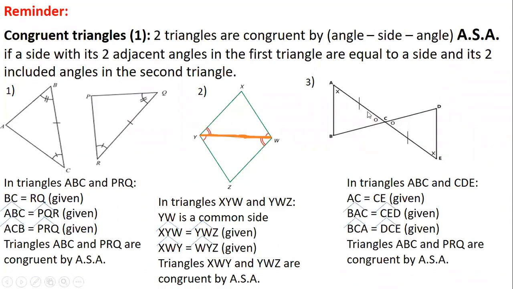So they are equal to each other by given. Continue. BAC is equal to CED. You mean angle BAC is equal to angle CED. So this angle BAC where we have X is equal to angle CED also where we have X. They are equal by given. Continue.